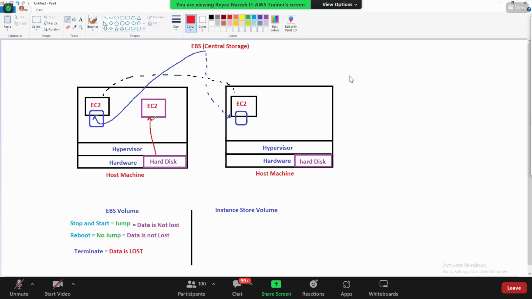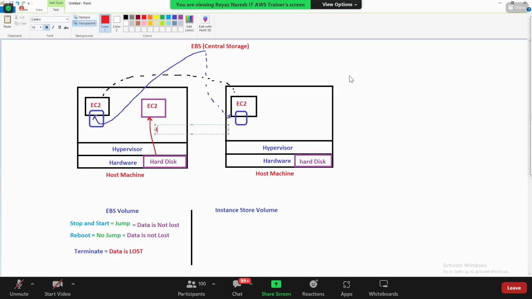How much do we know? AWS will provide. For an instance store volume, can we mention the size? No. However much physical hard disk that host machine has, that physical hard disk will be attached to the EC2 instance. How much is up to AWS.